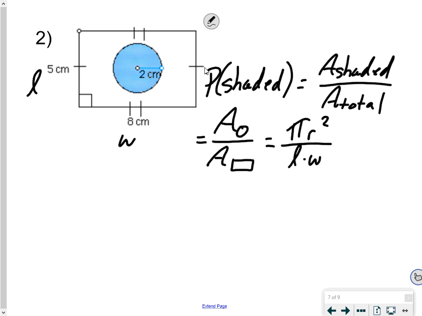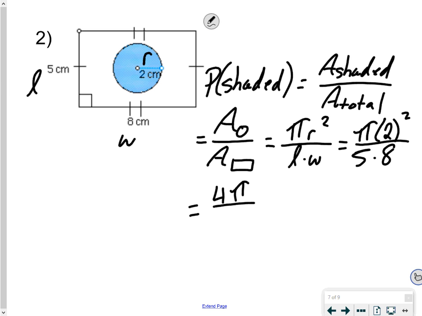All right? So we already have the radius, so we can plug that in to find the area of the circle, so that's pi times 2 squared. The length is 5 centimeters, and the width is 8 centimeters of the rectangle. So now let's just do some simplification. 2 squared is 4, so that's 4 pi. 5 times 8 is 40.